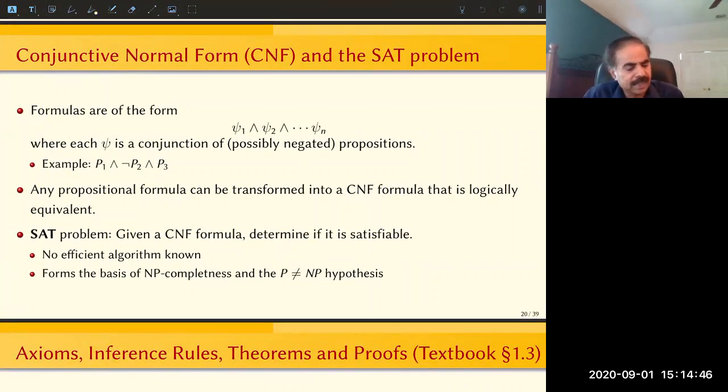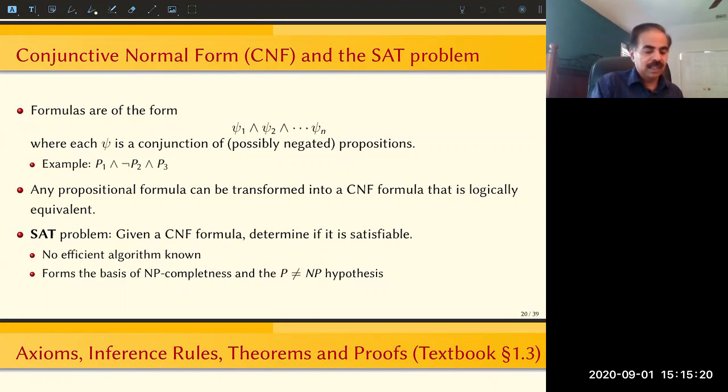And I was trying to say that the satisfiability problem is difficult to solve in the conjunctive normal form, but it is quite easy to solve in the disjunctive normal form, because in the disjunctive normal form, you have a disjunction of conjunctions, right? And you just have to pick one conjunction and make it true. And you know how to make a conjunction true. You make every positive literal in the conjunction true and every negative literal false.